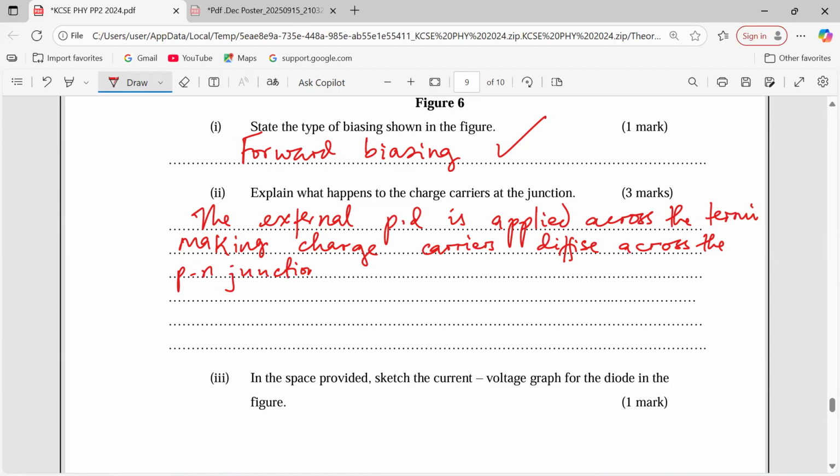Across the PN junction, electrons diffuse from the N side to the P side.